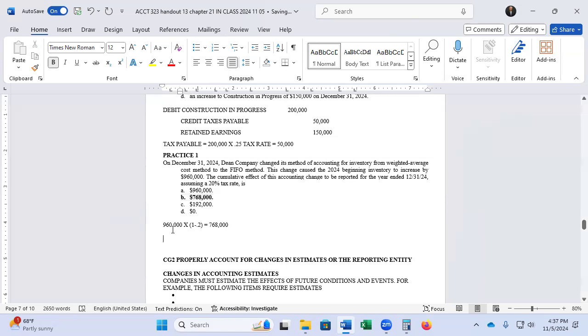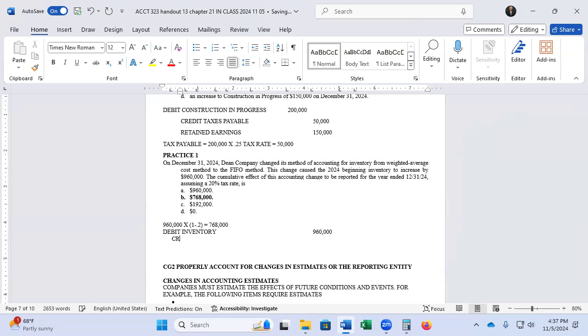So again, I think the entry that we're looking at here would be a debit to inventory for 960,000. And then you'd have a credit to taxes payable, and that would be the 20%. So 132.